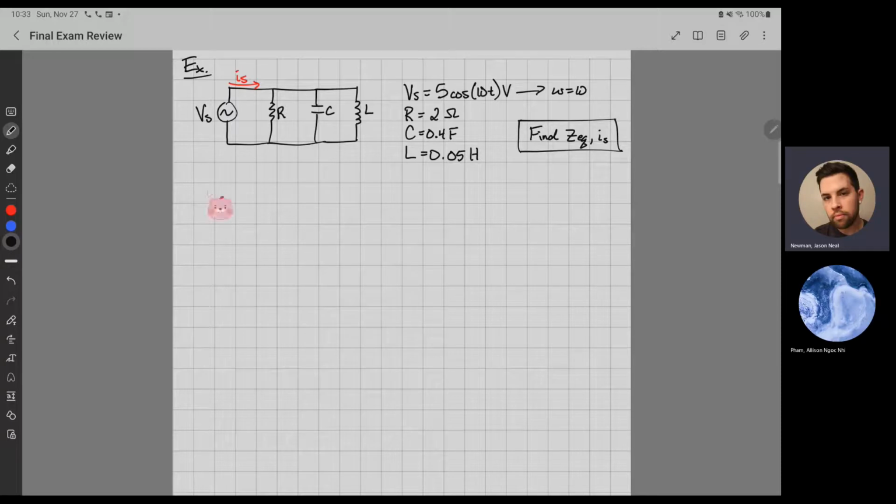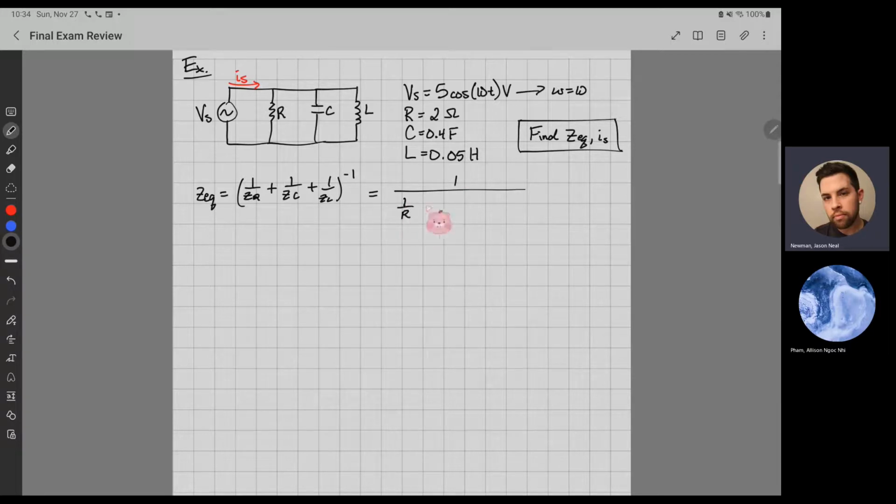First things first, we have to find Z equivalent. How do we do that? We take the inverse of everything: 1 over Z R plus 1 over Z C plus 1 over Z L, all to the power of negative 1, and I'm going to throw the 1 on top for easier calculations.